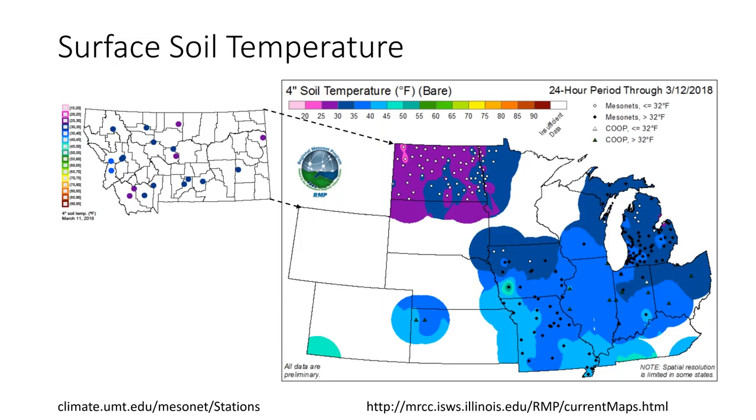While there are some national federal networks, they're very sparse for the most part when it comes to soil. So we're kind of stuck patching things together, and sometimes we don't even do a very good job of that.